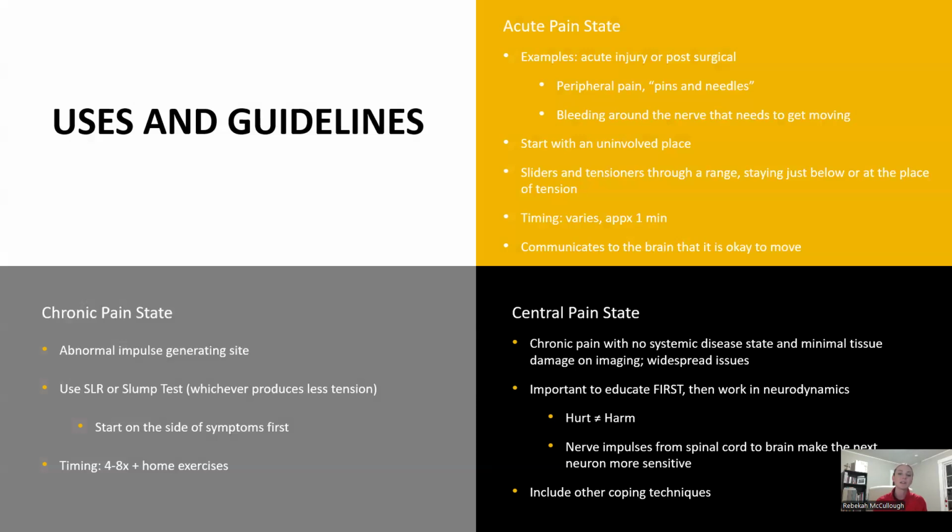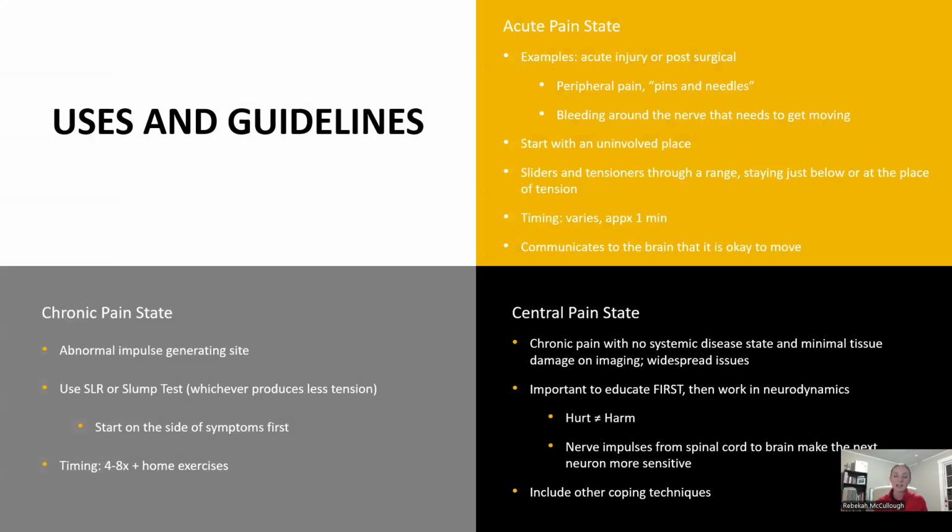And then once you've reached more of that centralized pain state, this is where you don't really have tissue damage on imaging. It's more of a widespread issue. For these patients, you really want to educate the patient first and then have them start working in the neurodynamics. So they need to understand that hurt and harm are not the same thing here, that even as they're moving, they might have some pain, but that's not causing more tissue damage.